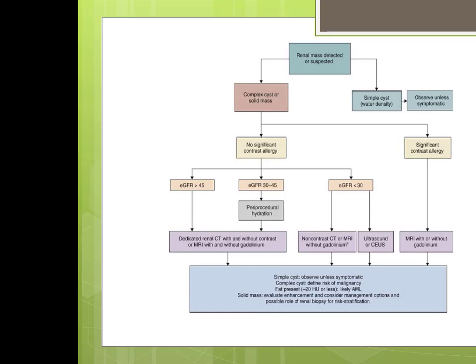If the GFR is between 30 and 45, then we will consider peri-procedural hydration. We should hydrate the patient before and after performing the study. And if the eGFR is less than 30, that is advanced renal failure, we will not perform a contrast enhanced study. Instead, we will perform a non-contrast or plain CT and MRI without gadolinium, or we can perform contrast enhanced ultrasound.